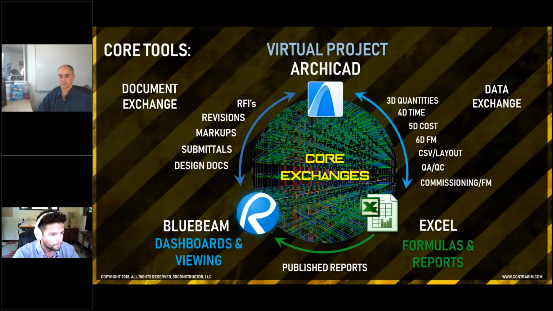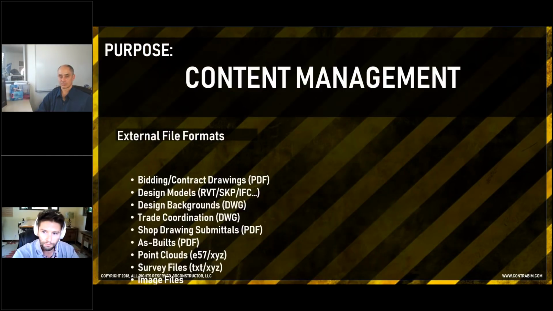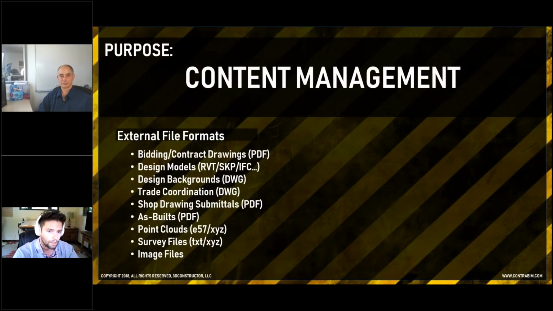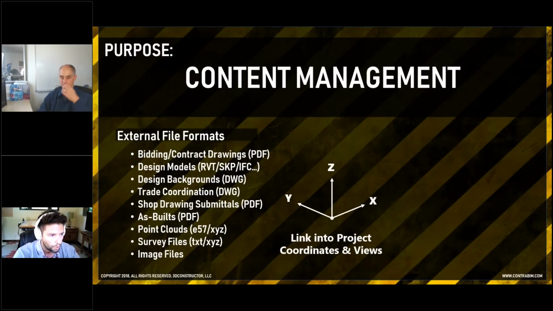And with that, the whole purpose here, if I could sum it up, is all about content management. So it's all about linking together your bid contract documents, your design models, whether it's in a Revit format or early SketchUp formats or through IFC, bringing together your design backgrounds, which are typically in a 2D DWG CAD format, or trade coordination drawings in a 2D DWG format, and being able to bring all this stuff together, located into your project, into the coordinates, and placed onto views.